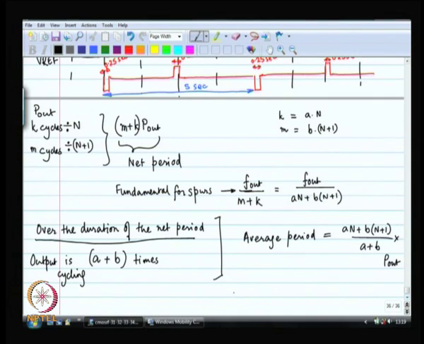So, that means that the frequency at the output of the divided clock is 1 by the period, and 1 by P out is basically equal to F out.